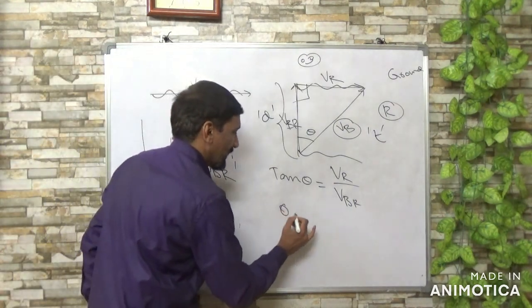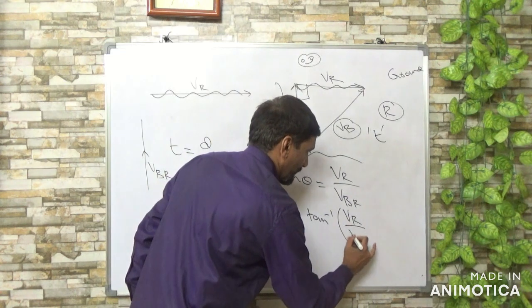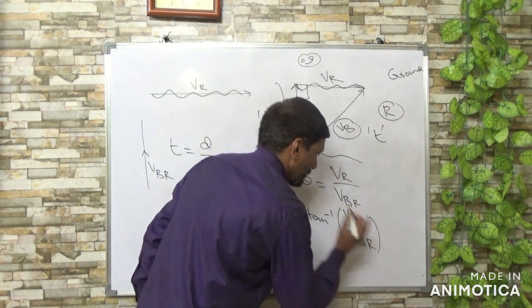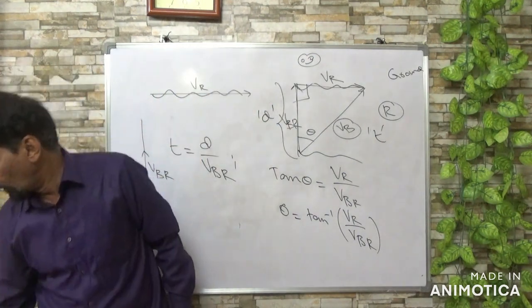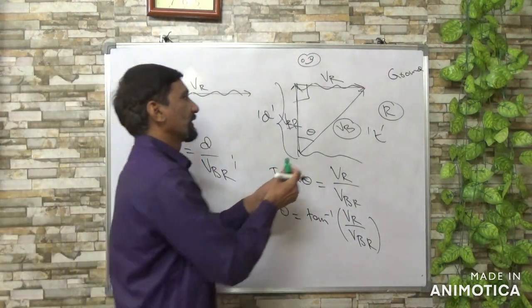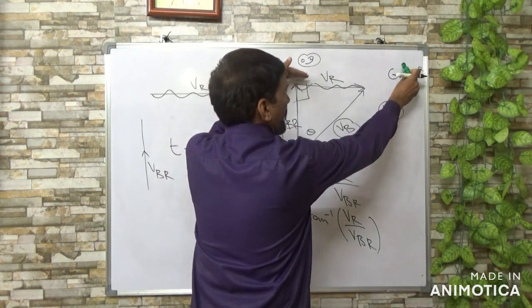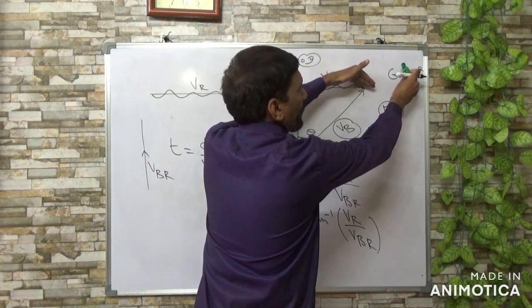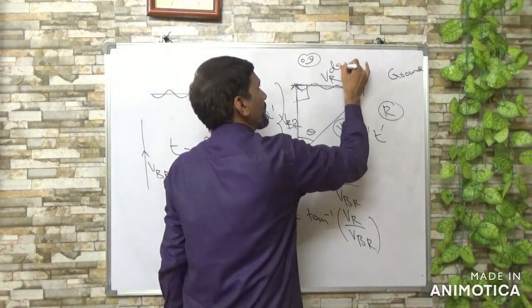So theta is taken as tan inverse of V_R by V_BR. But if you notice, one who is observing from outside knows that this person is not reaching the opposite end. Instead of the opposite end, he is reaching some other point. So this you call drift.